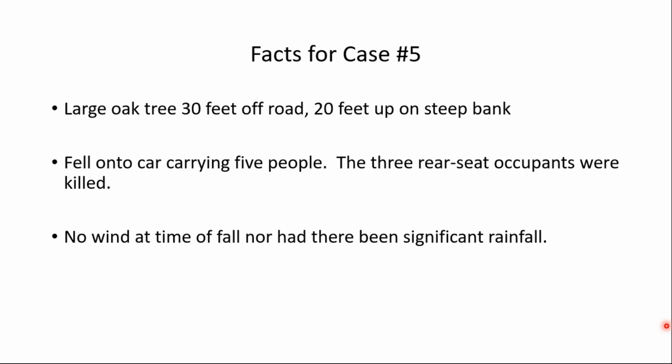However, it came to light during discovery that a couple decades before this crash, the road agency had actually purchased some additional right-of-way for construction of an intersection. And so it turned out that this tree actually was in the right-of-way, not on private property.